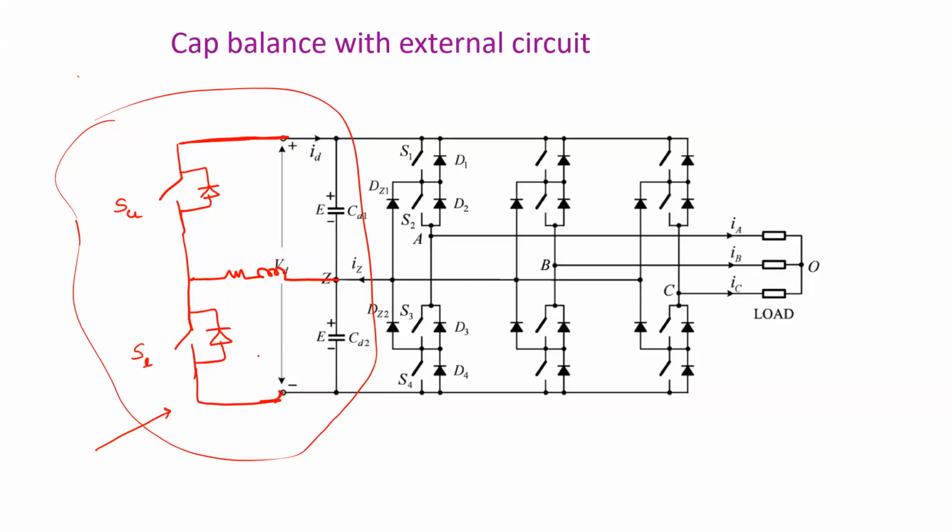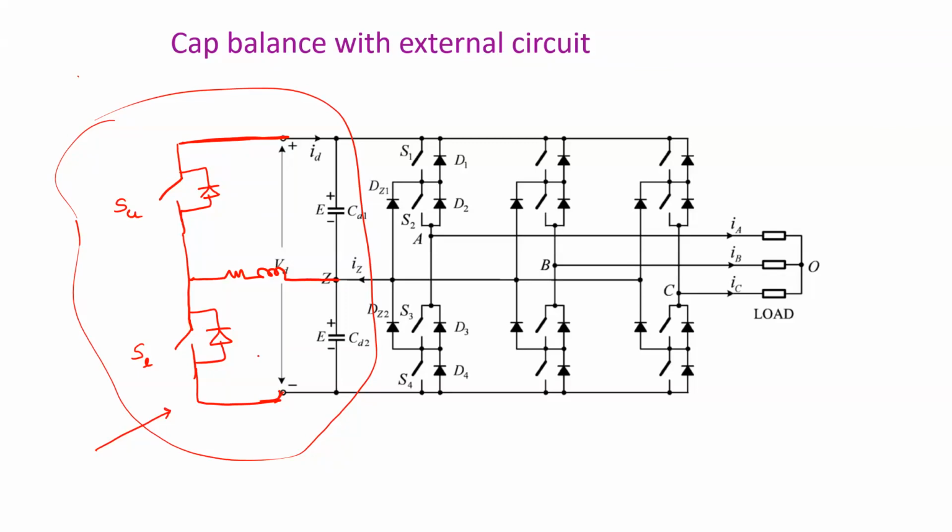Will it be single quadrant or 4 quadrant? 4 quadrant, sir. How many switches will a 4 quadrant chopper have? 4 switches. 4 quadrant means you must have 4 switches, so that you have forward motoring, forward regeneration, reverse motoring, and reverse regeneration.